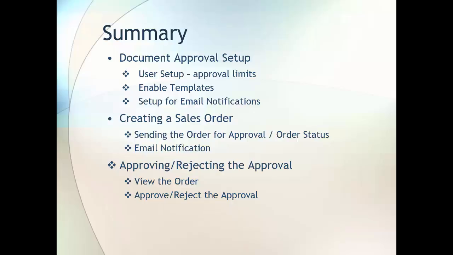We've checked our sales order, created it, sent through our approval, seen how when the order is sent for approval, the status changes to pending approval, and we've seen the notification that we have received as an approver, in my case, from Claire's. We've had a look at how we can simply approve the order and how, from Claire's perspective, we could see that it had been approved, and indeed how we could reject the approval.